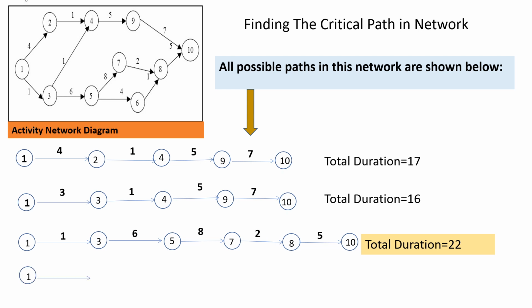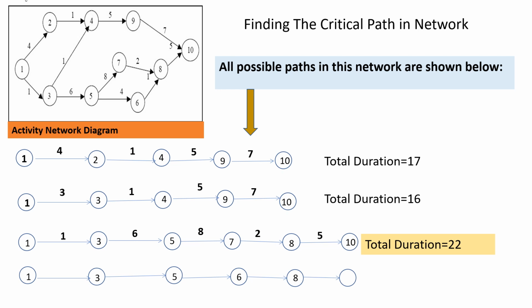Now the fourth possible path is 1 to 3, 3 to 5, 5 to 6, 6 to 8 and 8 to 10. The individual durations are 3, 6, 4, 1 and 5. The individual durations of the activities add up to total duration equals 17.